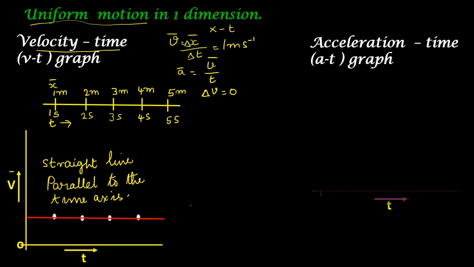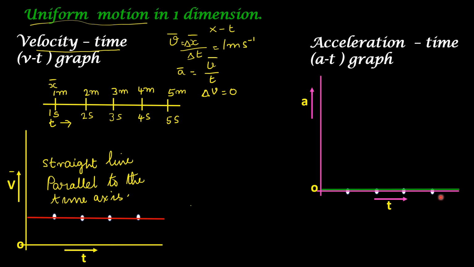So, while we plot the graph, acceleration is taken on the y-axis and time is taken on the x-axis. Point 0 for time and acceleration is at the origin O. Time keeps on changing, but acceleration is 0. So we have to mark that on the x-axis.